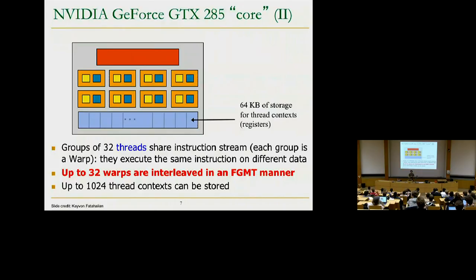We first launch instruction 0 for warp 0, then we launch instruction 0 for warp 1, and then maybe we launch instruction 3 for warp 4. Because there are only 8 functional units here, the 32 threads will be executed in 4 cycles. This is something that we are reviewing from yesterday's lecture.